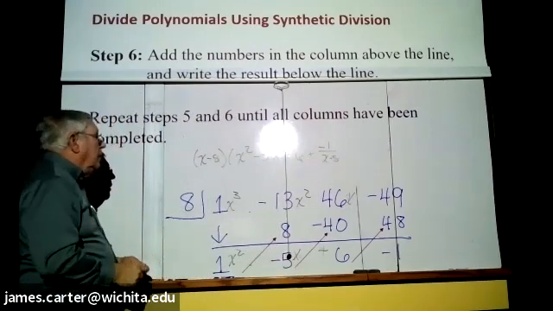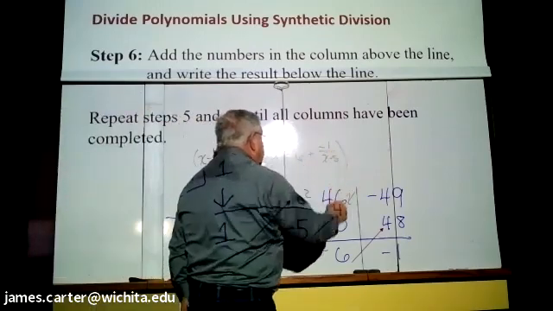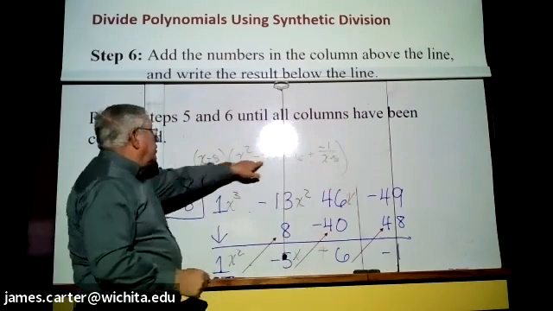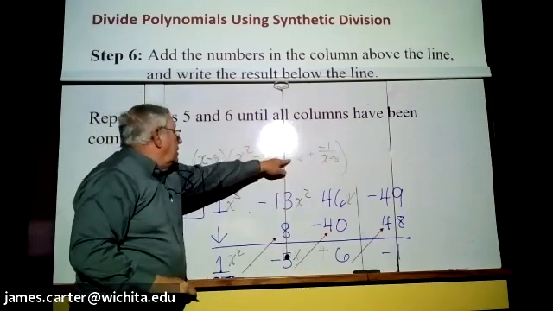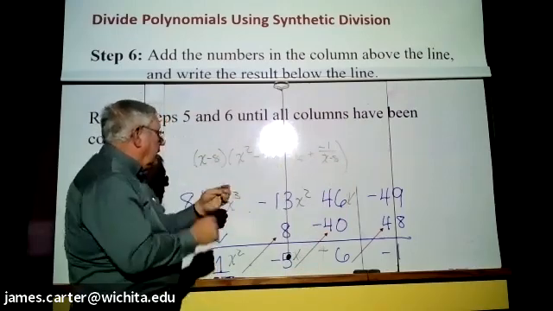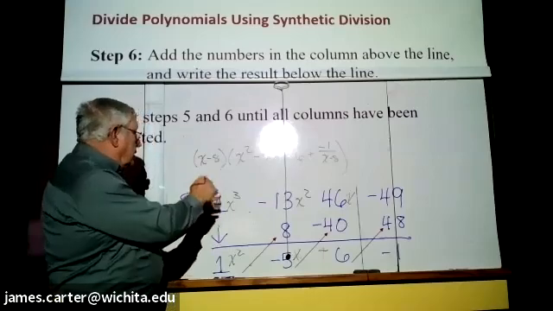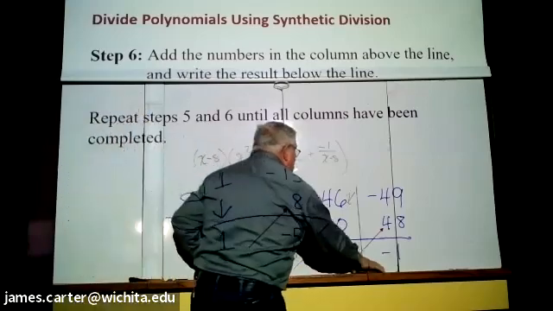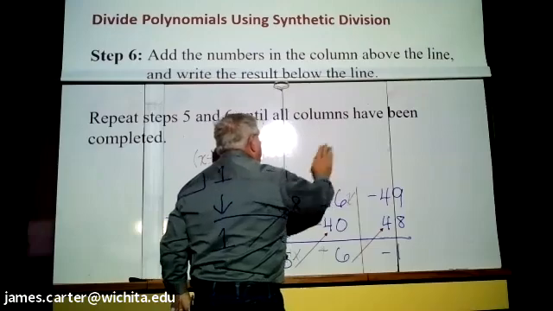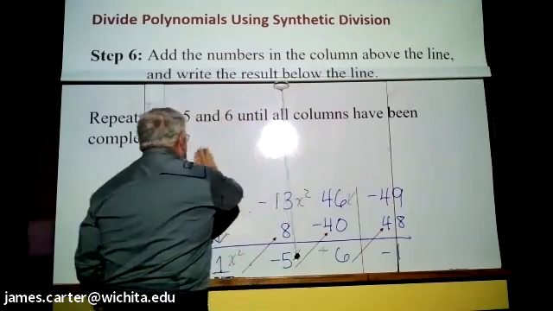If we took this times that, and then added, we would get the original equation. It'll be easier to see that when we get one without a remainder.